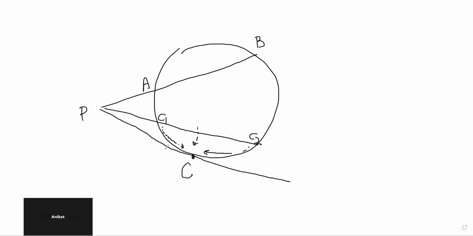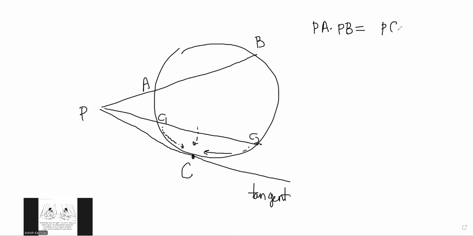If you keep turning the secant, it will slowly become closer and closer to the tangent. So you still have the same condition, PA into PB is equal to PC1 into PC2. But as you make it nearer and nearer to a tangent, you will end up with PC into PC is equal to PC square.